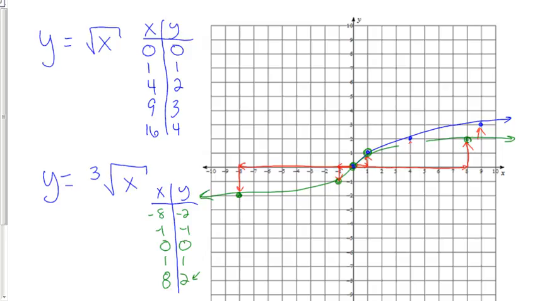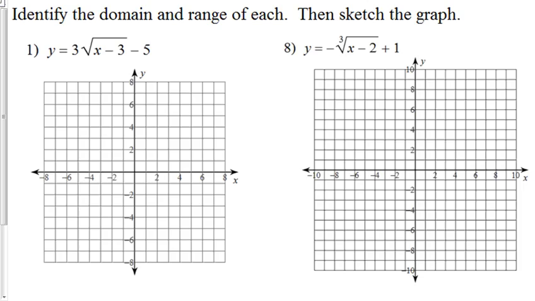So let's look at some actual problems that are on your sheet. This first one is number 1, and then we'll do number 8. This one is a square root. This one is a cube root. And the square root, we had talked about the perfect squares. And the cube root, we talked about the perfect cubes.